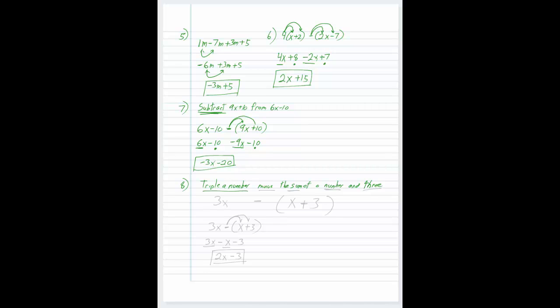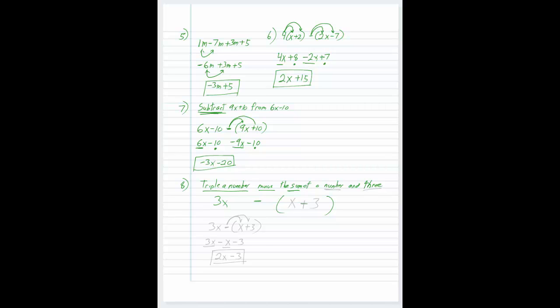Triple a number. That means 3x. Minus means minus the sum. Whenever you see the word the sum, put parentheses. And inside parentheses, we're going to put in whatever they want.